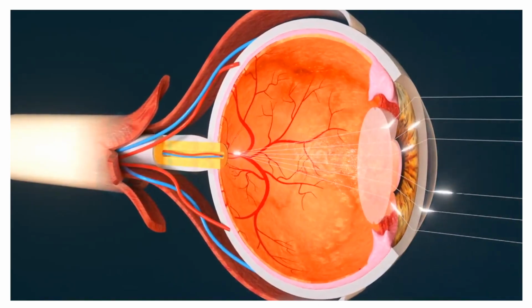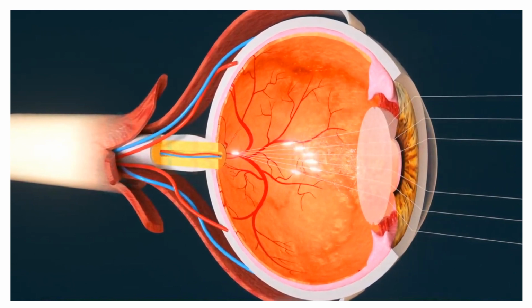It is minimized also, and real. Now look at this. You see this object. It passes through the cornea, the lens, and then falls on the retina as an inverted image, and then in the occipital lobe it becomes normal again.